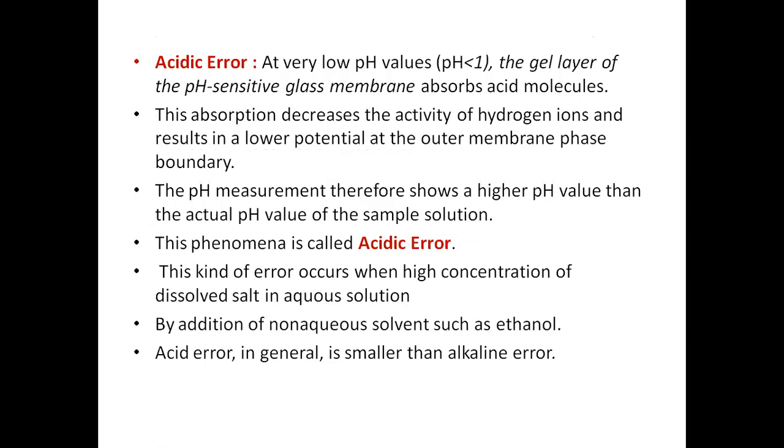There are more hydrogen ions in our sample solution, so they easily exchange with the sodium ions, and we can say it absorbs acidic molecules. This absorption decreases the activity of H plus ions in our sample solution.